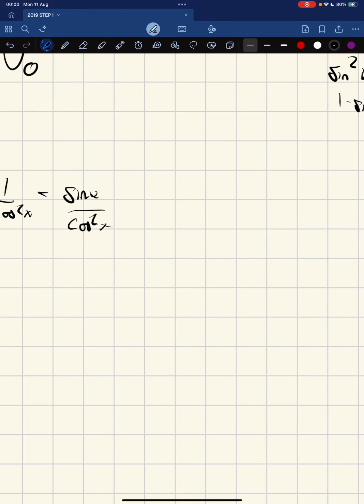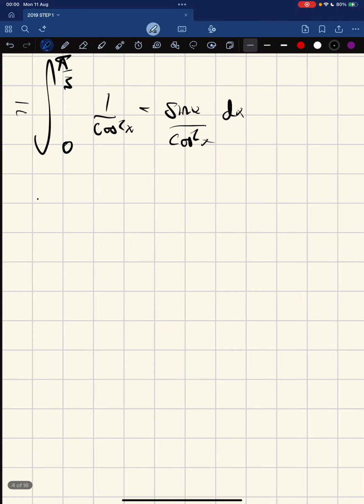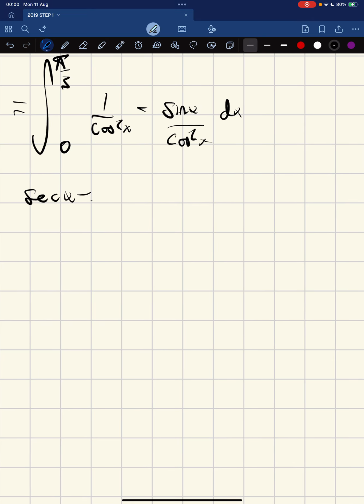Now, remember we have secant defined to be 1 over cos of x. That implies secant squared is 1 over cos squared of x, which is what we have here. The second term is tan of x times sec of x, because we still have a cos.